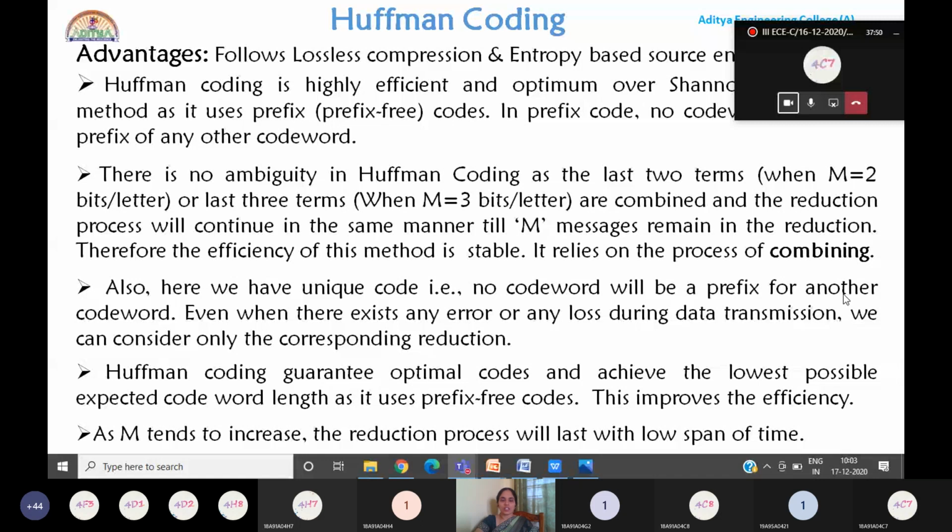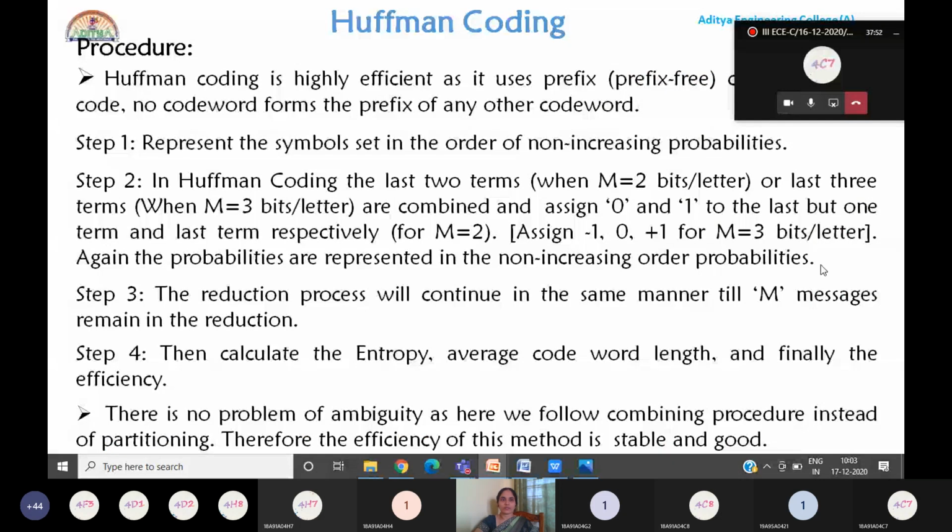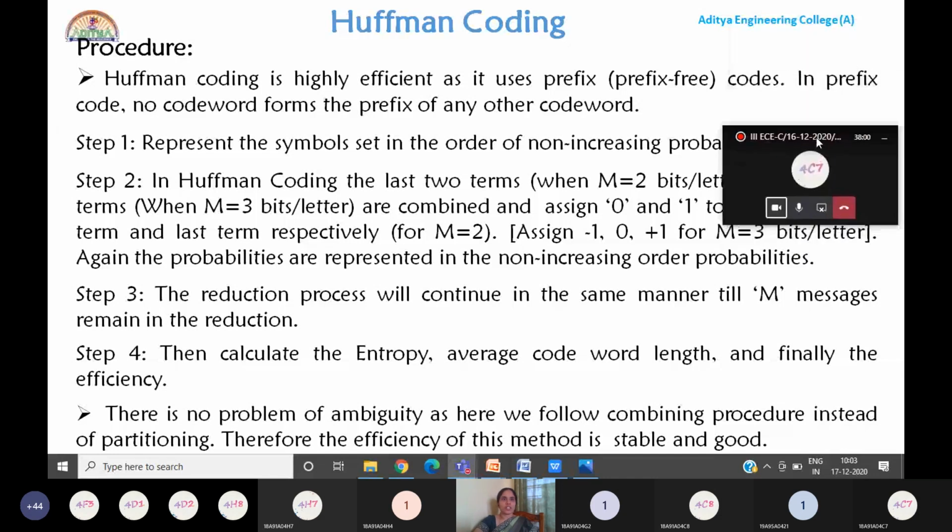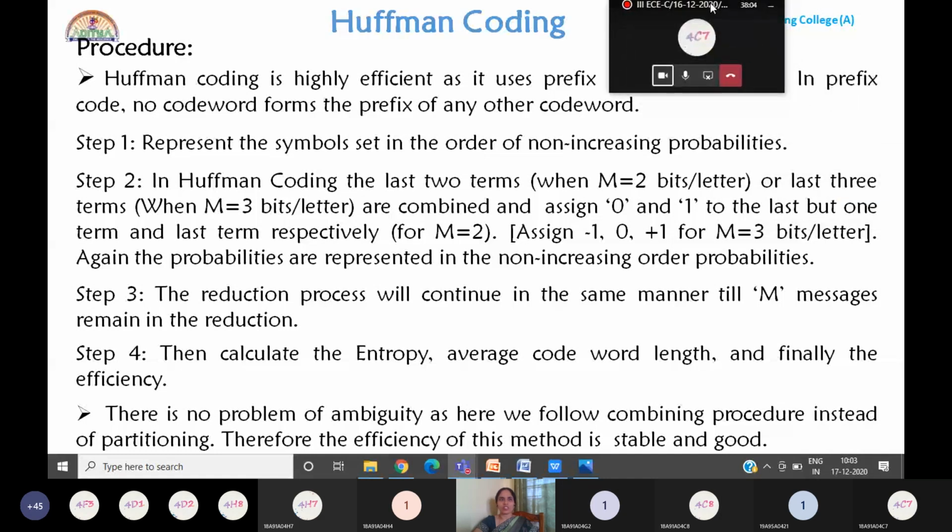Let us move to the example. And here I mentioned the procedure. See, here it is efficient because it uses the prefix codes, because no code word will form as a prefix to the other code word, since here we will just combine the last terms.